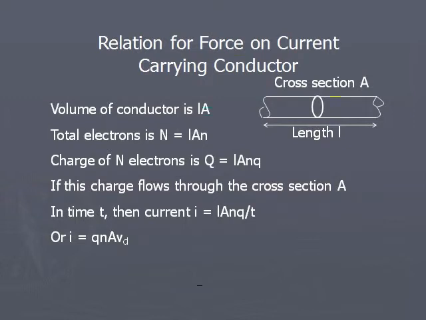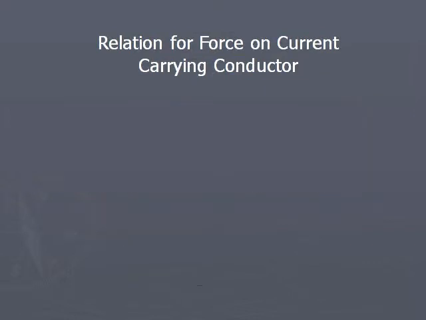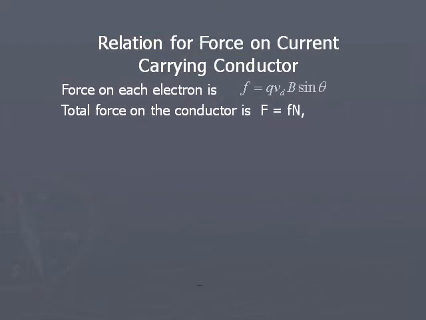But L by t gives the drift velocity of the electrons. So the current I is equal to nQAVd.